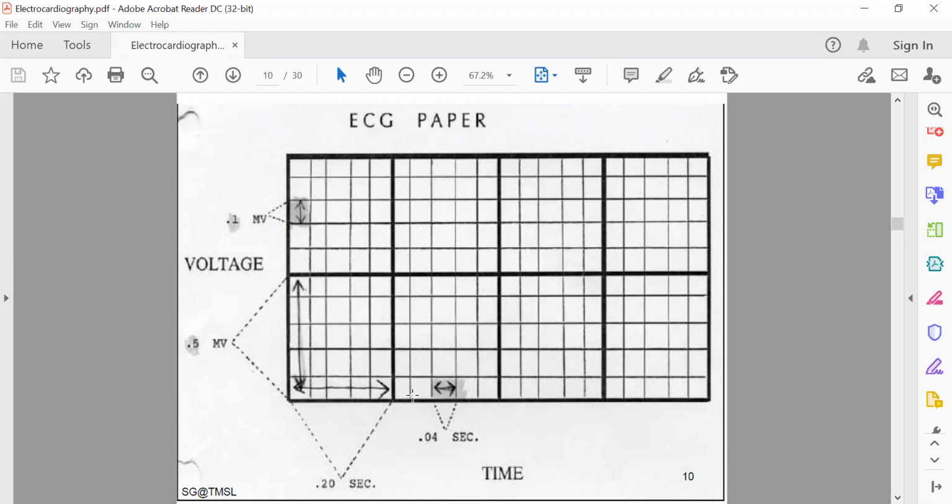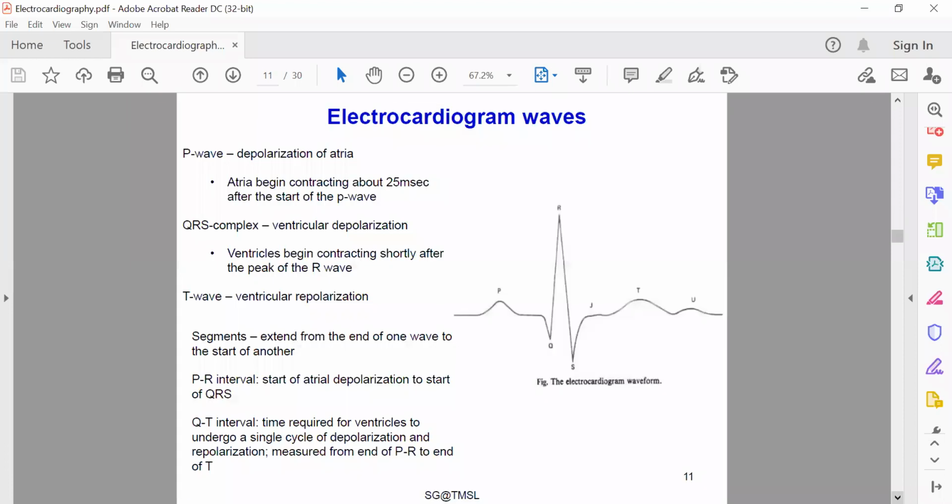So the total time is 0.20 second, and the total millivolt is 0.5. Is there any confusion regarding this?